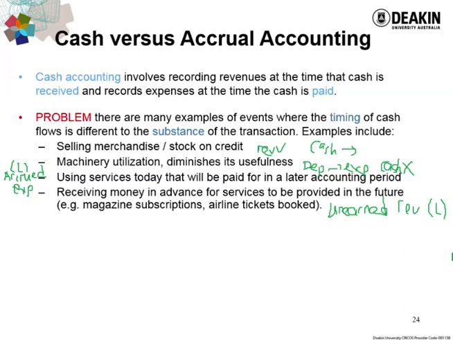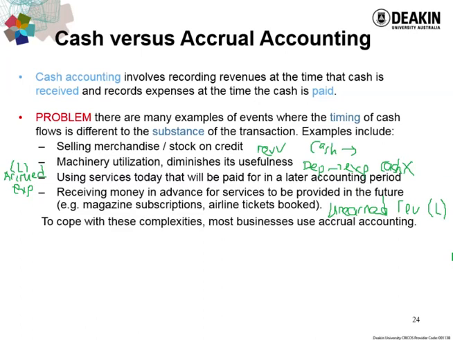So these examples highlight that the cash flows and the timing of the revenue and the timing of expenses do not always coincide. They do not always happen in the same period. To deal with all these complexities and to make sure that accounting information is useful for decision making, we use accrual accounting.